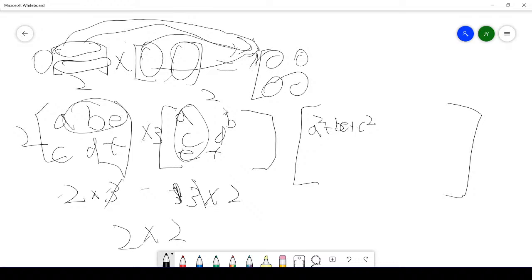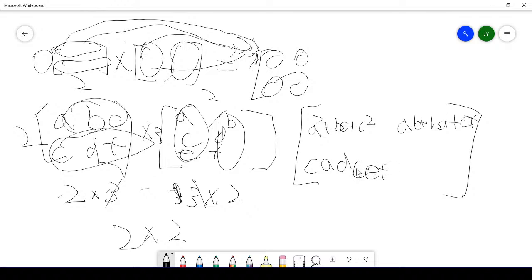The second term, we multiply this by here, this by here. So it's AB plus BD plus EF. Now down here, CA, DC, EF plus, and down here, multiply CB, D squared, plus F squared.